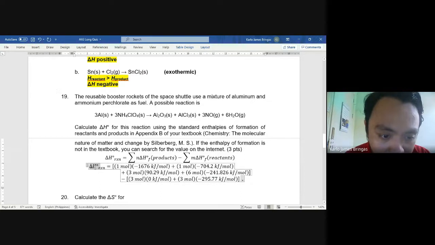So kindly please use your calculator. Can you please compute for me how much is our delta H of the reaction at standard state for this reaction?